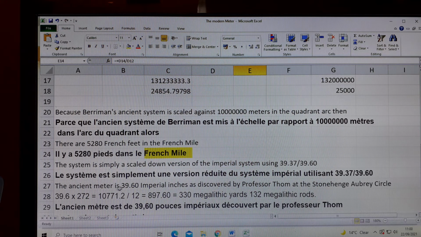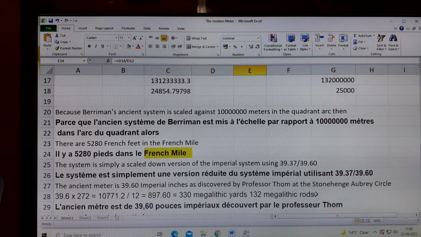The ancient metre is 39.6 imperial inches as discovered by Professor Thom at the Stonehenge Aubrey Circle. 39.6 times 272 is 10771.2 imperial inches. Divided by 12, we get 897.6 feet. This is 330 megalithic yards and 132 megalithic rods. This is what Thom discovered.